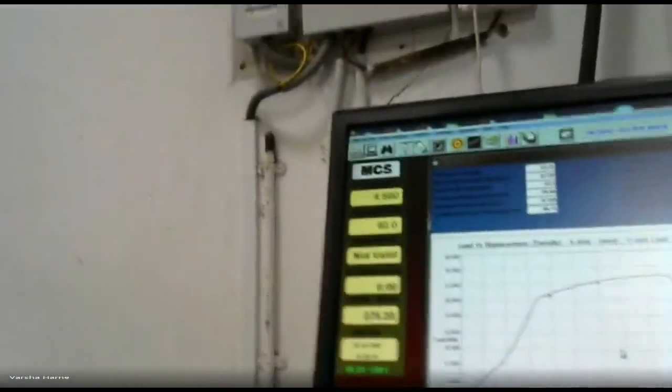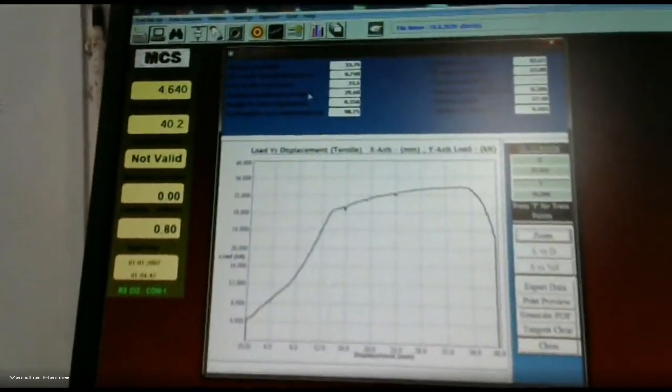Now this is our final graph which is showing all these values.